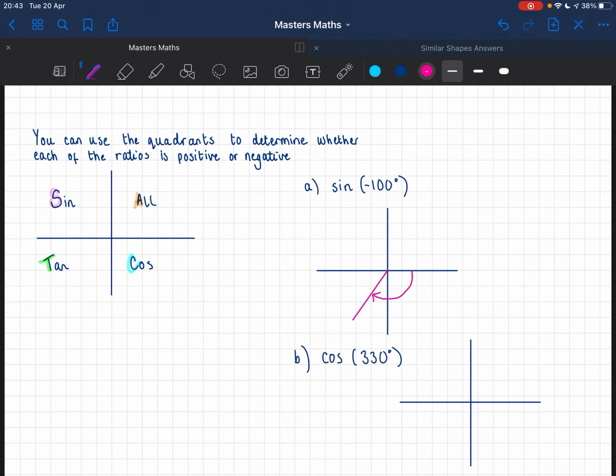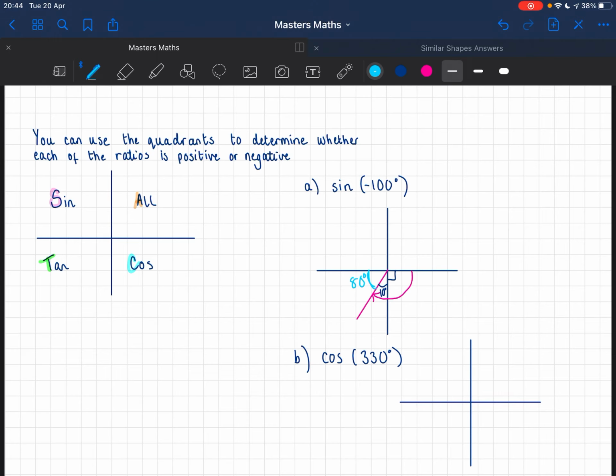So if we imagine this is our line, between the y-axis and the line I've just drawn, there is an angle of 10 degrees, because this is 90, and then you've got 10 left to take the full 100, which means that this has an angle of 80 degrees, because you've got 90 degrees between your negative x-axis and your negative y-axis. So if we've used up 10 of it, we have 80 left.